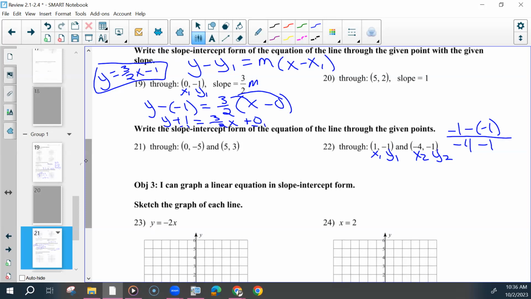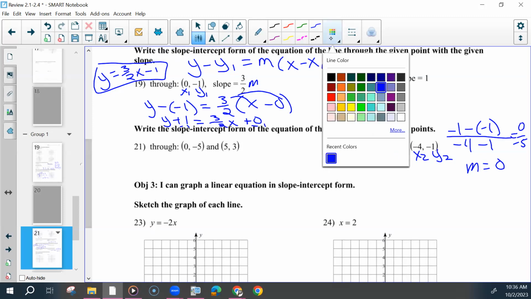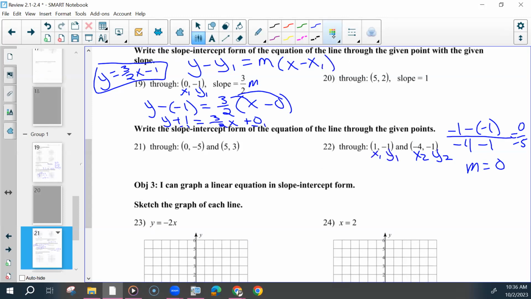Just like the last slope we did, these cancel to become 0. If you get a problem like this, you can still use this process, or you can think about your horizontal line. I'll show both ways. So if we're using this process, we need to pick one of these points. It does not matter which one. I'm just gonna go with this one.